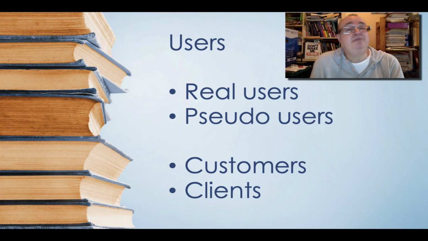Or they might be other people doing the same sort of subject as you, maybe in a different year of your degree, or someone else from UCL who may not be actually the kind of person who would use the product, but they might be able to pretend to be. So that makes a pseudo user.